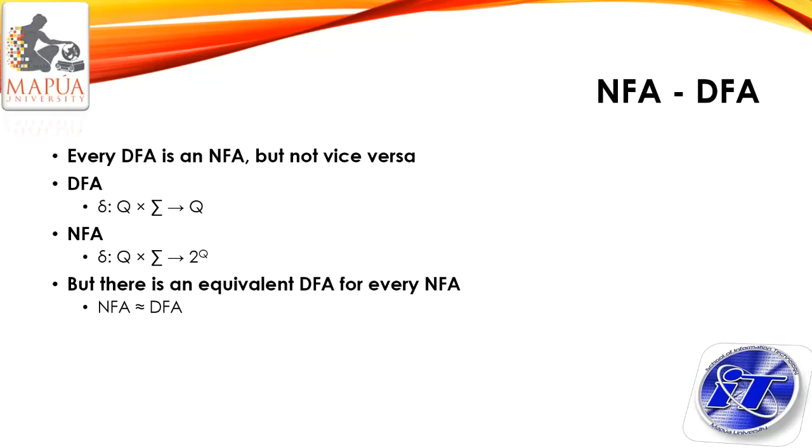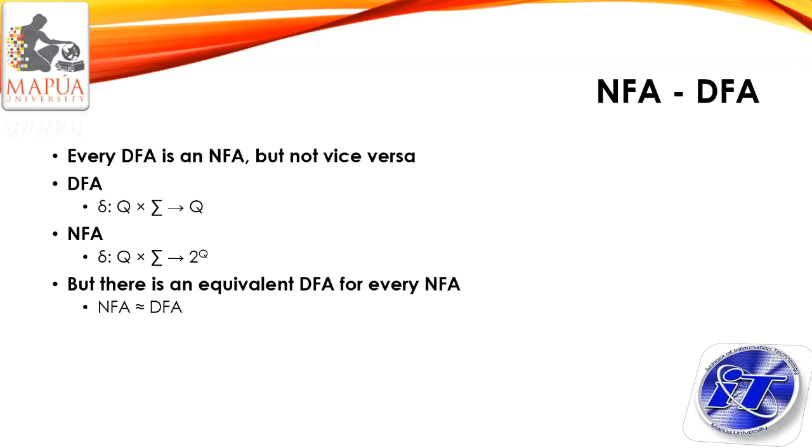So therefore, we could consider that a DFA is a subset of an NFA. An NFA is bigger compared with a DFA in respect to the paths. So we could not say that every NFA is part of a DFA. But we could convert an NFA to a similar DFA.